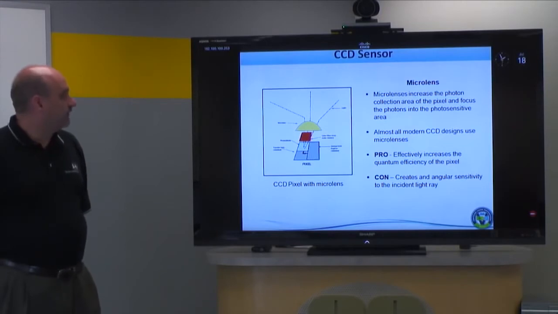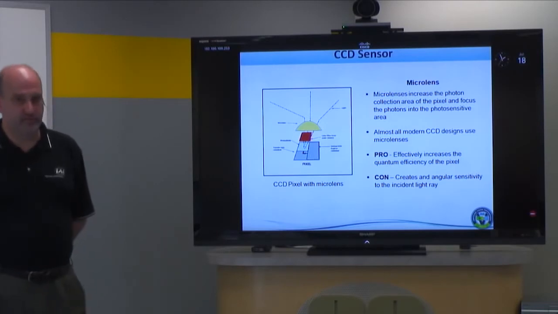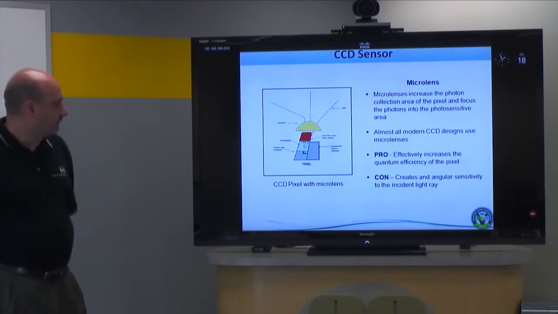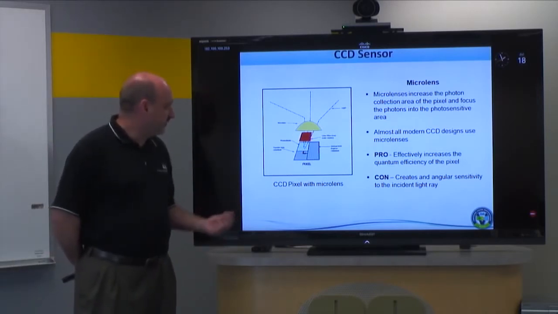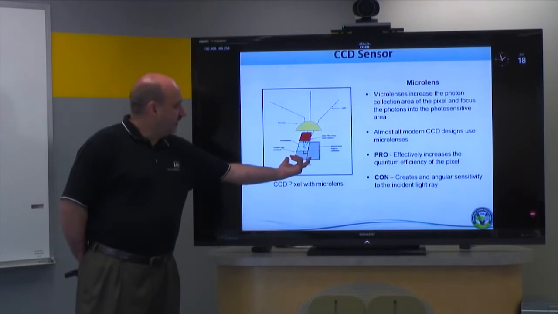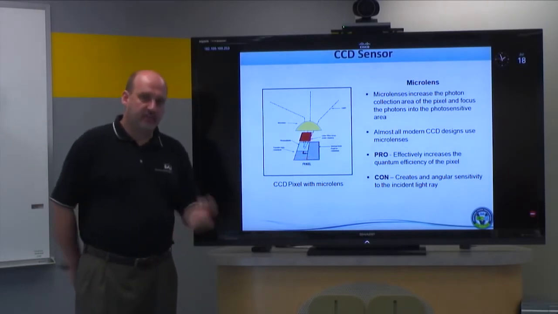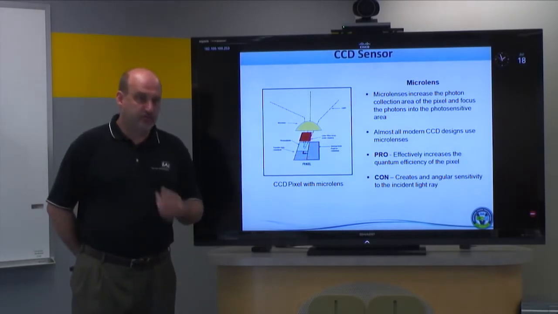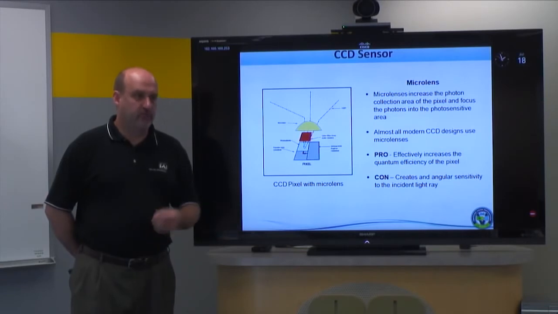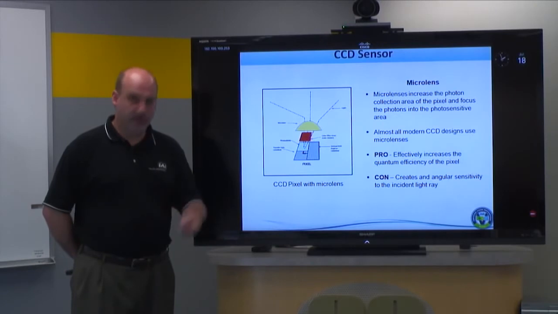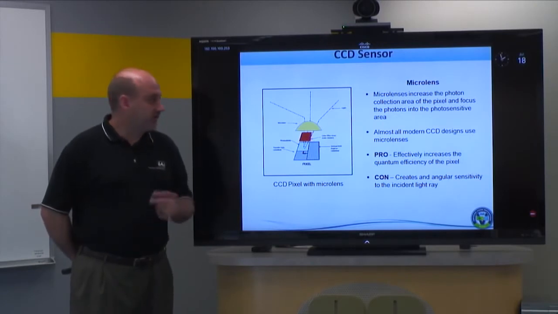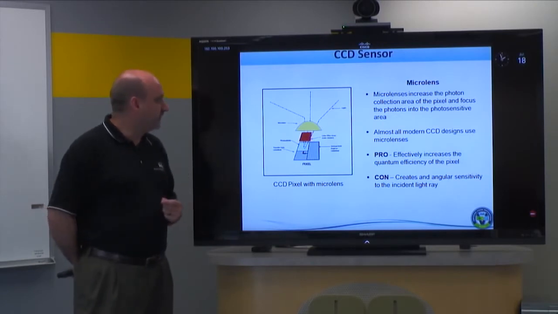Microlenses increase the photon collection area of the pixel and focus the photons into the photosensitive area of the pixel. We'll talk about this even more in CMOS, but in both CCD and CMOS imagers, you have a pixel area, but the pixel area has to include other structures to read that charge out of the pixel and control the pixel shutter time and readout and all the other things to get the information from the pixel into the camera.